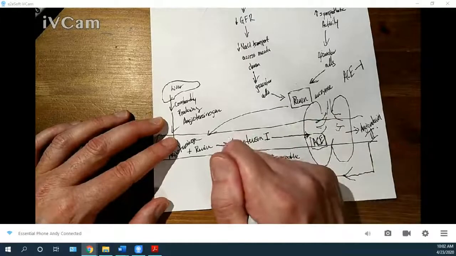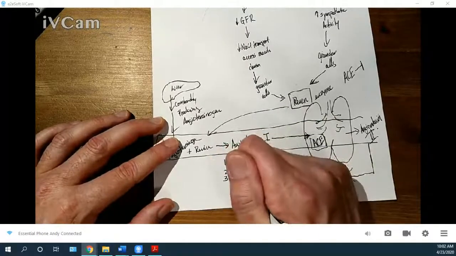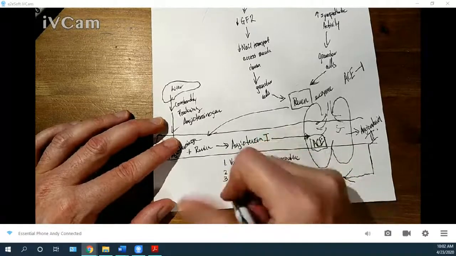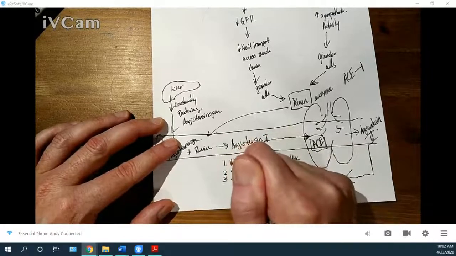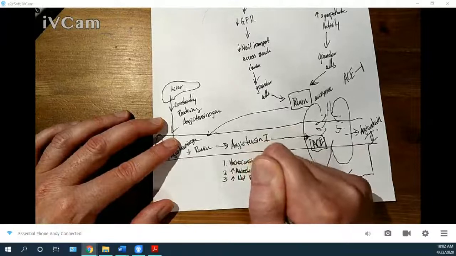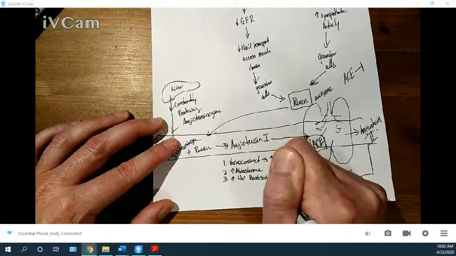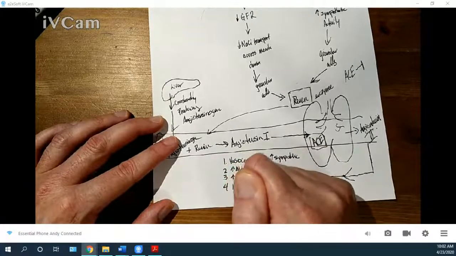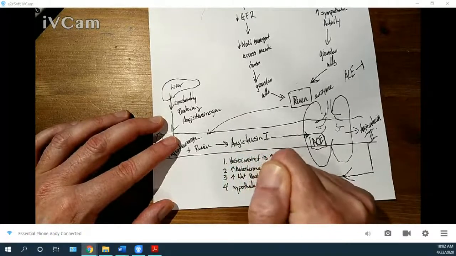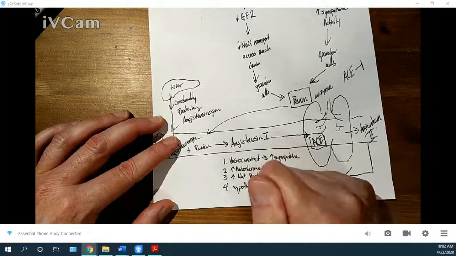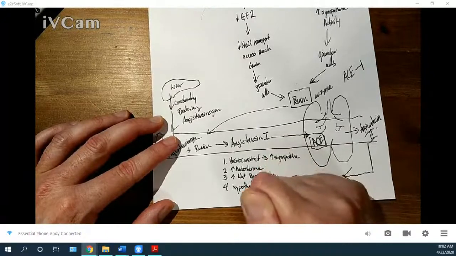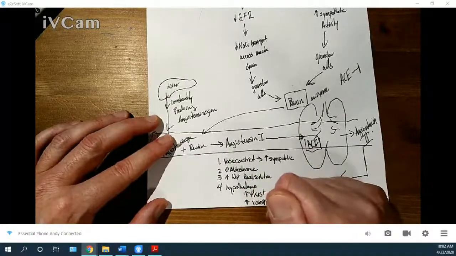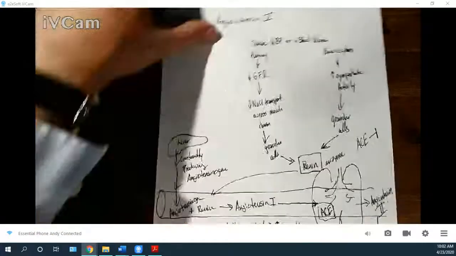We have increased aldosterone. We can increase sodium reabsorption. We can get to the hypothalamus, and we'll increase thirst and increase vasopressin. So you can see all these things.